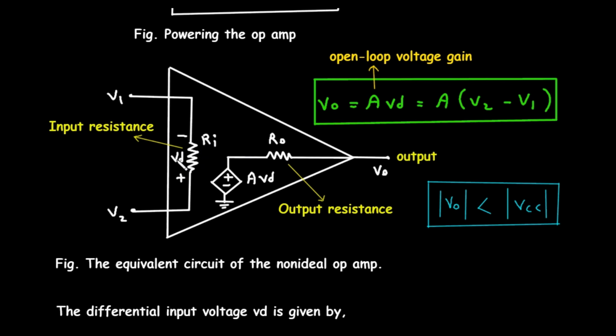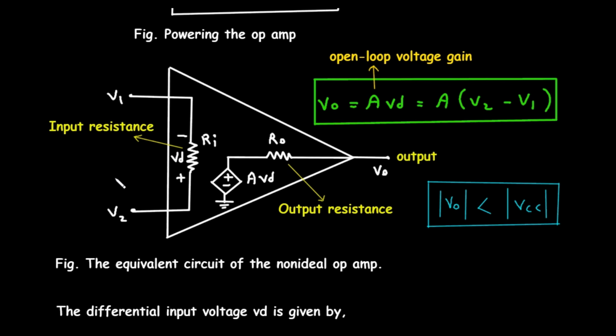Then next is Vd. This Vd is basically the differential input voltage. This is the crucial voltage that the OpAmp actually amplifies. It is the difference between the non-inverting voltage V2 and the inverting voltage V1.